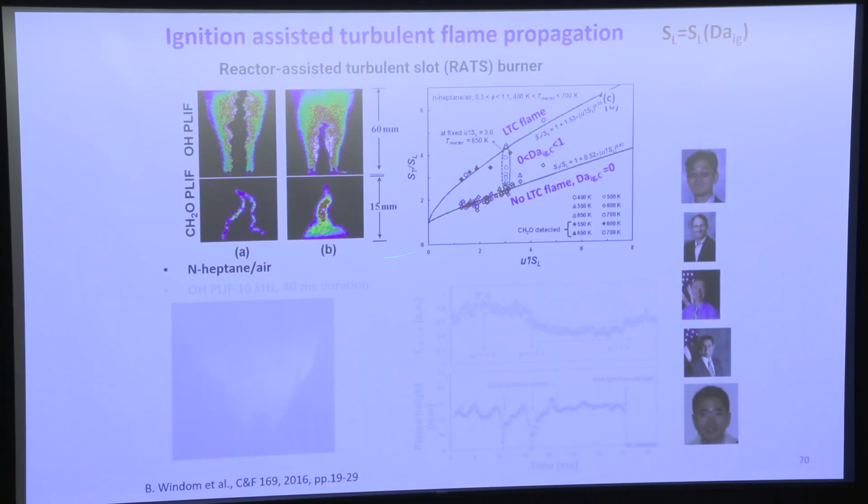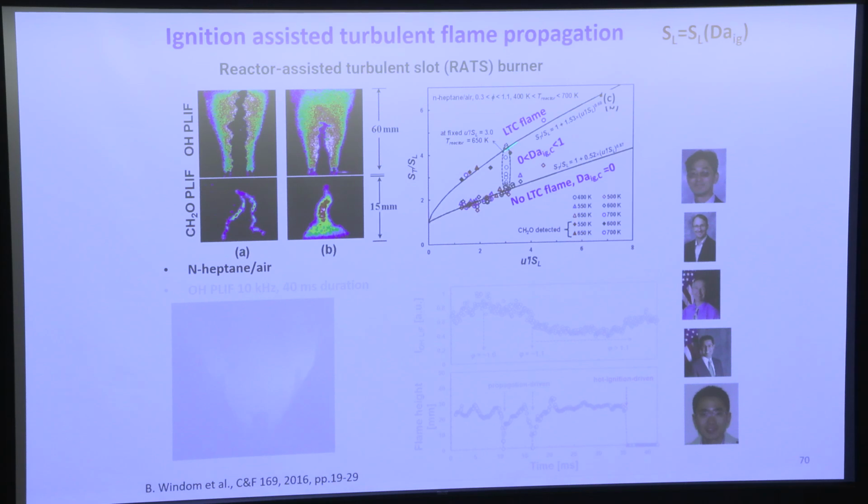So if this is true, that plasma-enhanced low temperature chemistry can enhance ignition-assisted flame speed, why not in turbulent flames? If you can enhance, for example, low temperature chemistry, then you can enhance turbulent flame speed. A lot of people measure normalized turbulent flame speed as a function of turbulence.